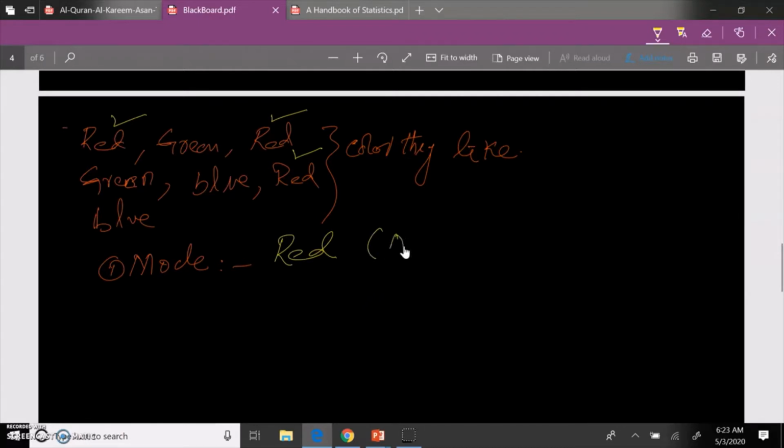Note one very important thing: the mode is not 3. Sometimes people get confused. Okay, red is appearing 3 times, so the mode is 3. It's not 3. It's the value. So the mode is a value which appears the maximum number of times, not how many times a value is appearing.